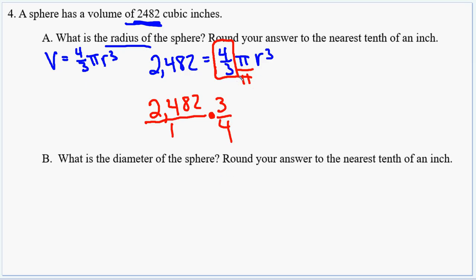And then we're also going to have to divide pi out, so I'm going to just turn this 1 in the denominator into a pi. And that would make this pretty easy to punch into a calculator. I would just multiply my numerator, 2482 by 3, and then divide that by 4, and then divide that by pi, and that will be our radius cubed. And my calculator said 592.534, and I would just use the cube root button on the calculator.